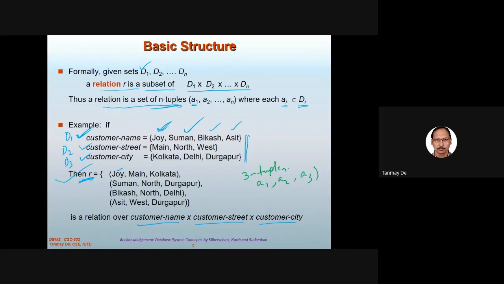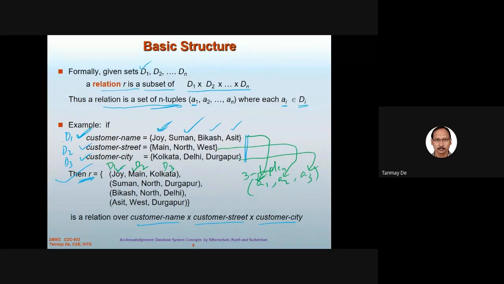So where does A1 come from? A1 comes from here. Similarly, A2 comes from here, and A3 comes from here. So you see, Joy actually comes from D1. Main comes from D2, and this comes from D3.